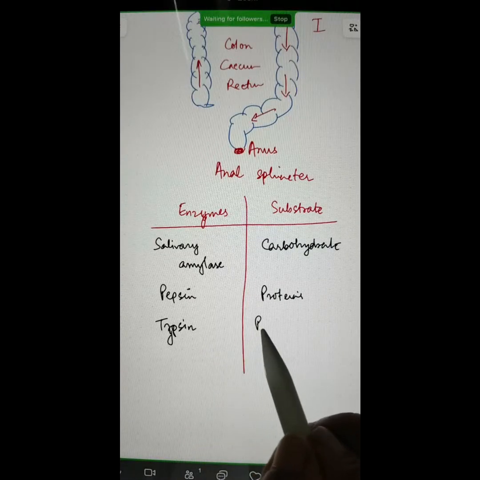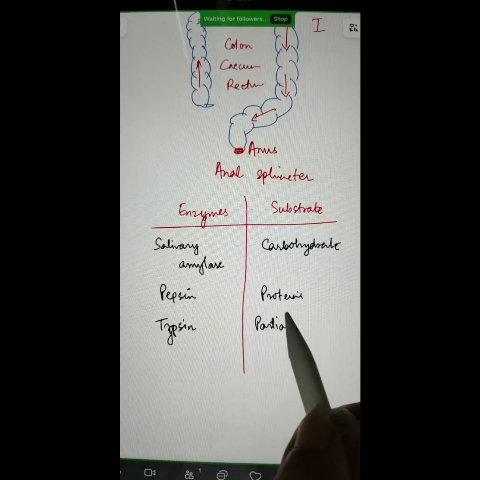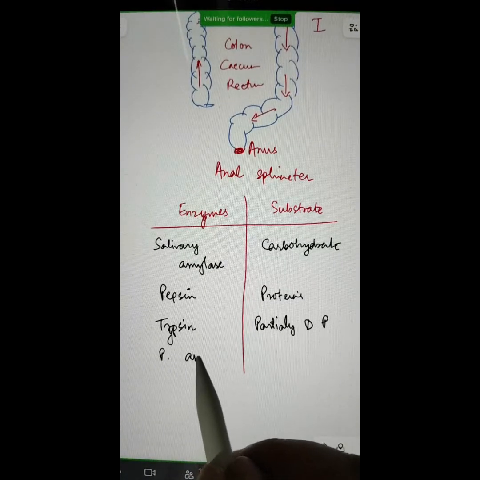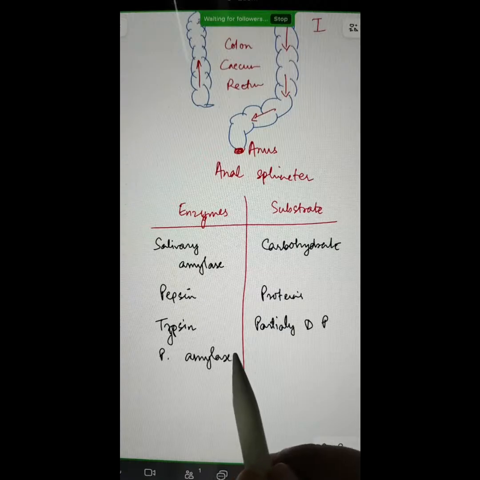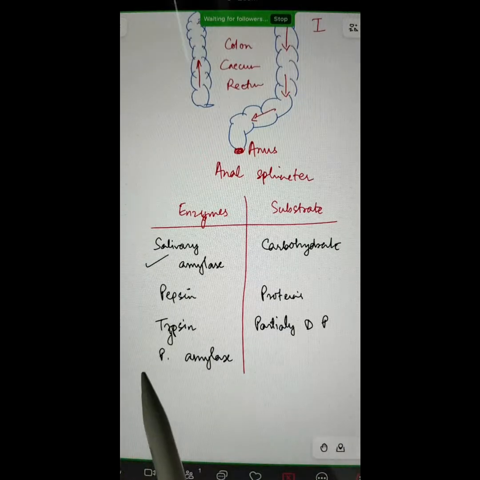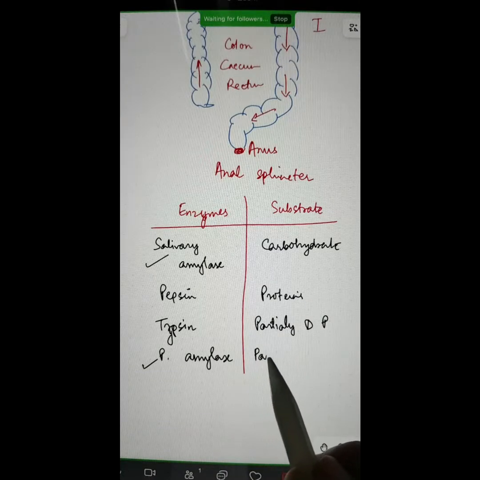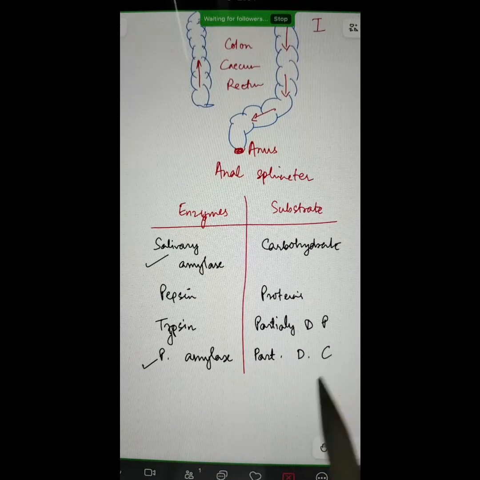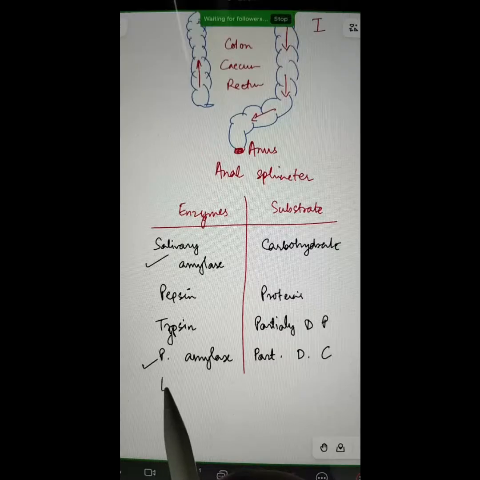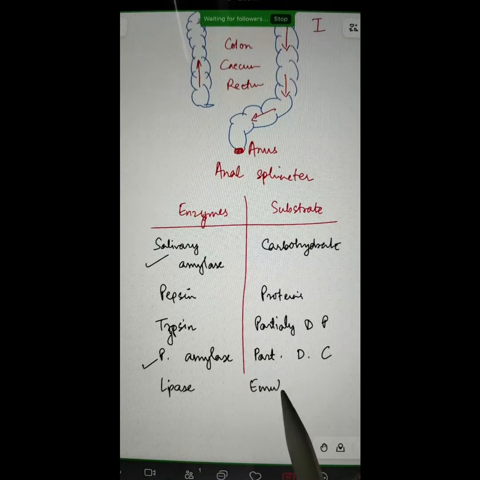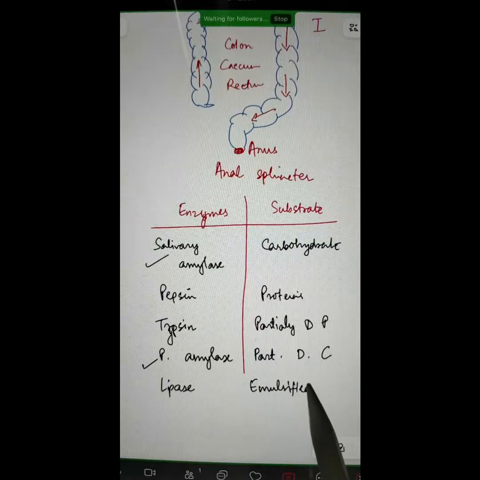Trypsin acts upon the partially digested proteins. Pancreatic amylase: remember, we have two types of amylase, one in the saliva and another in the pancreas. Pancreatic amylase acts upon partially digested carbohydrates. We have another enzyme, lipase, which acts upon emulsified lipids.